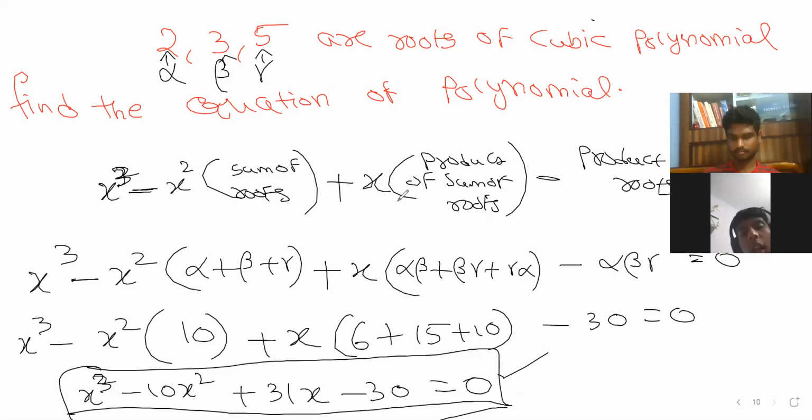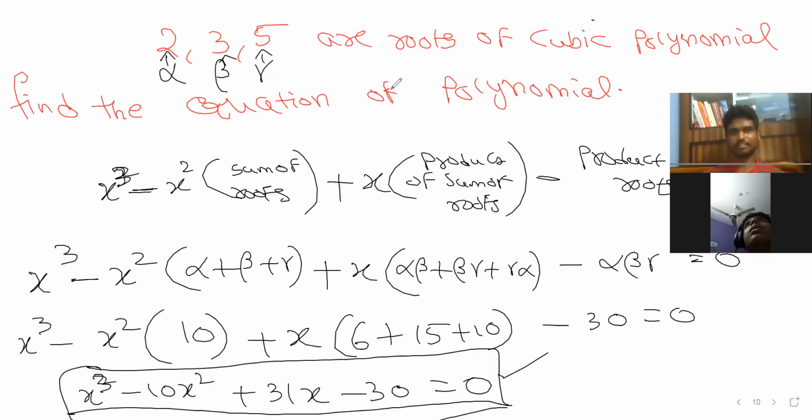Yes, sir. So before that, we can't use this formula. Then what is the use of that formula? When they give the equation, then you need to know it, right?